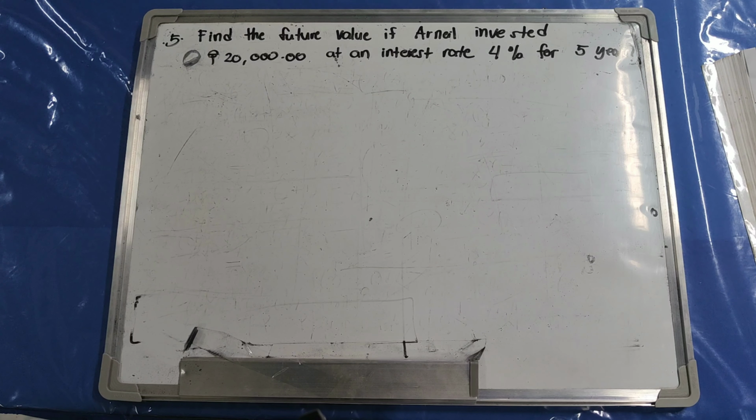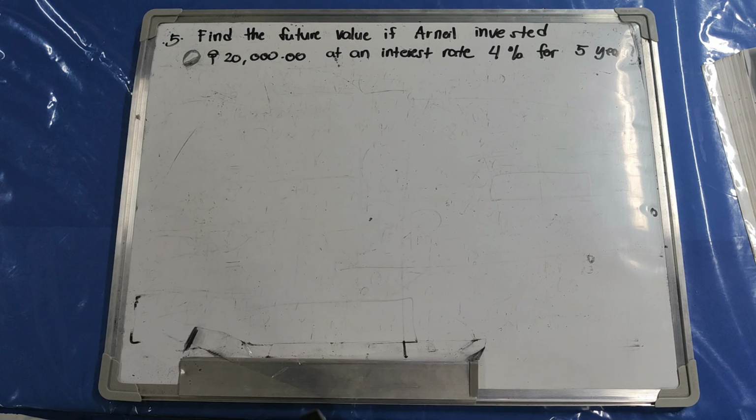Okay class, we are now down to the last example of our lesson about simple interest. We have here a problem involving simple interest. Find the future value if Arnel invested 20,000 pesos at an interest rate of 4% for 5 years. What is the formula in getting the future value?